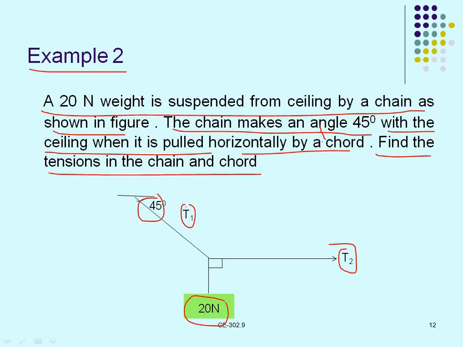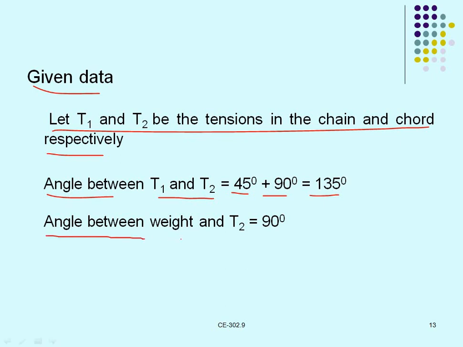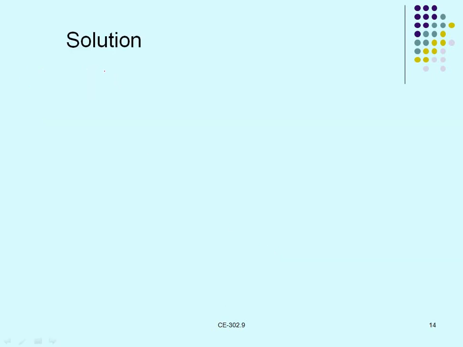So this is 45 degrees, and here it is 90 degrees. In between these forces, 45 plus 90 is 135, whereas the angle between the weight and T2 is equal to 90 degrees.